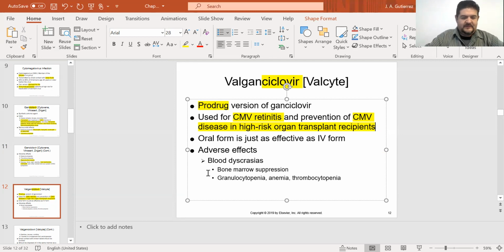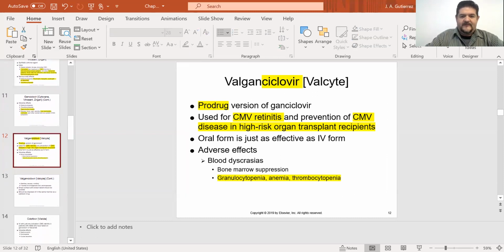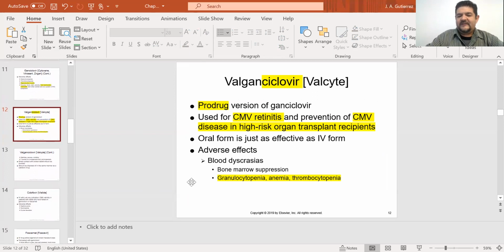And we mentioned, unfortunately, the adverse effect, even though it's a prodrug that is not going to be used in the liver to get activated, still is going to produce effects on the bone marrow, where neutrophils, basophils, and eosinophils are not going to have granules.